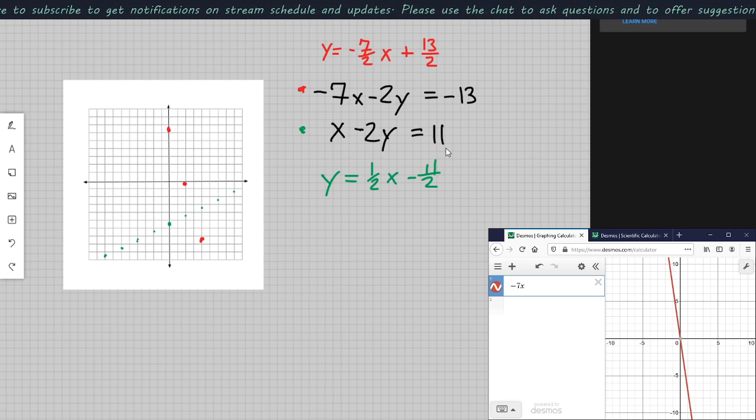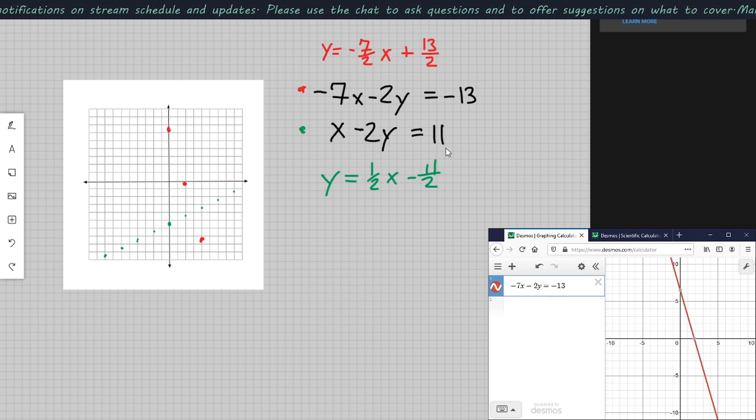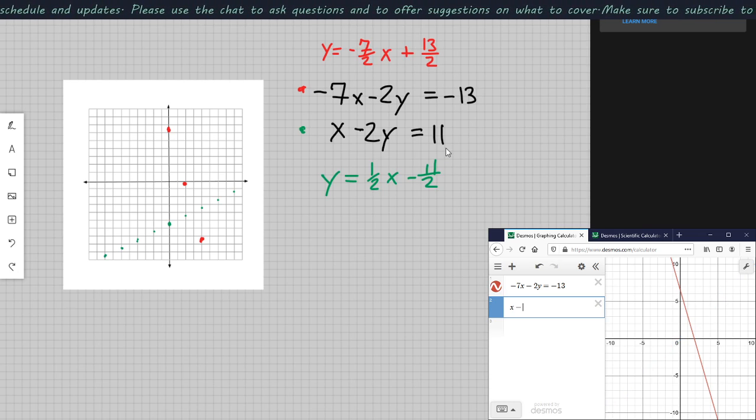So don't forget about that as well. First line. Second line. And it looks like our intersection is at 3, -4.